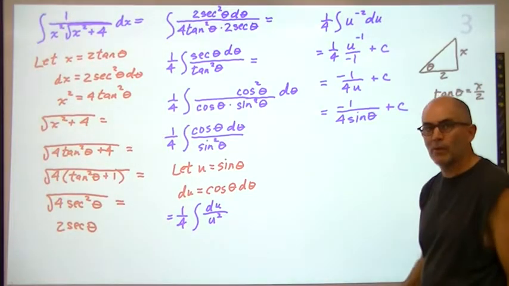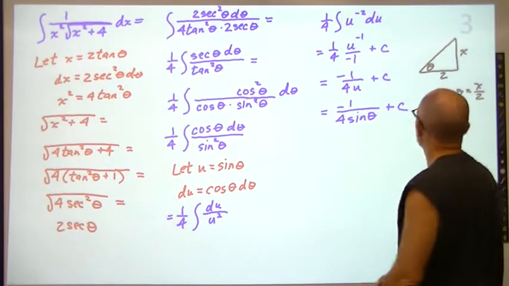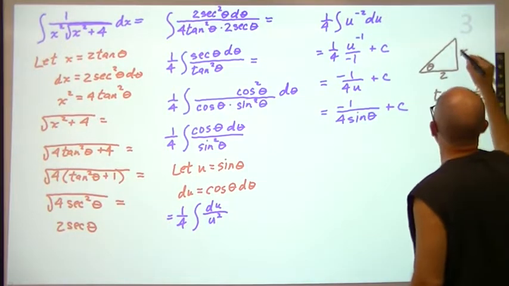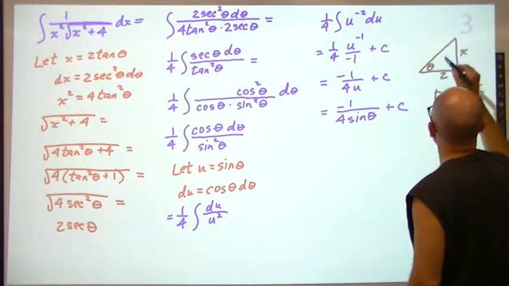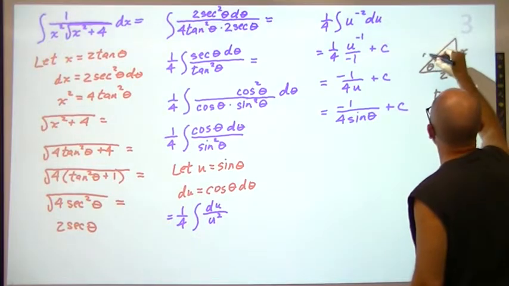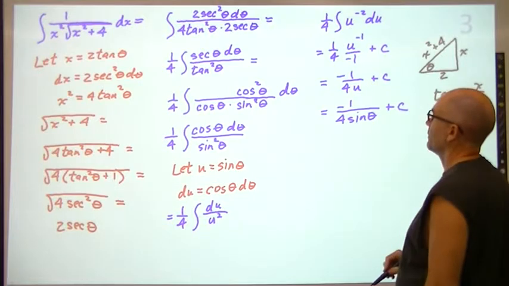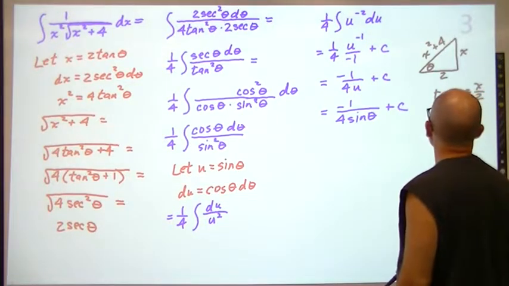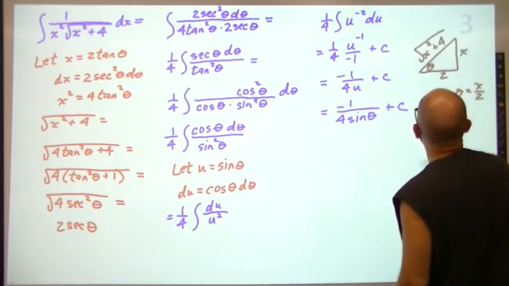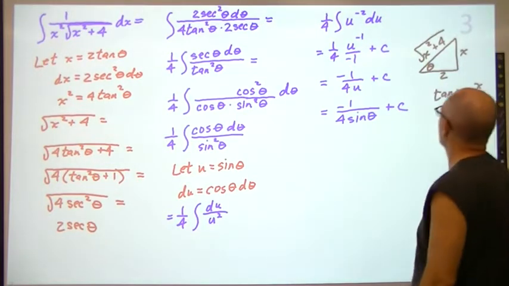Good thing we remember our trig functions. Okay, now what's our hypotenuse? It's going to be x squared plus 2 squared. So x squared plus 4 is our hypotenuse. Oh, the square root of x squared plus 4.